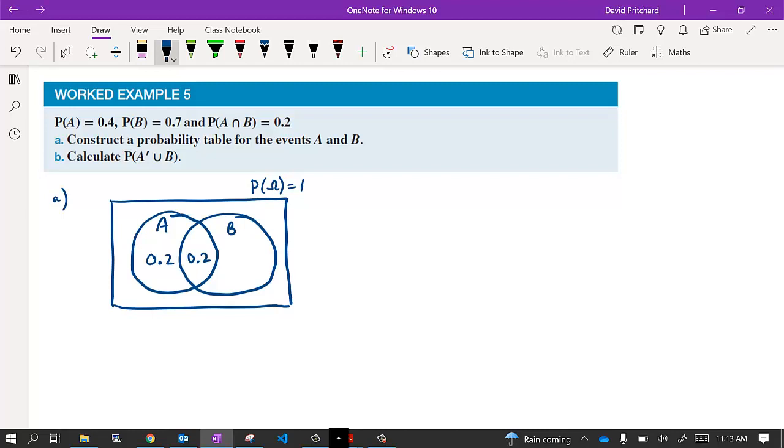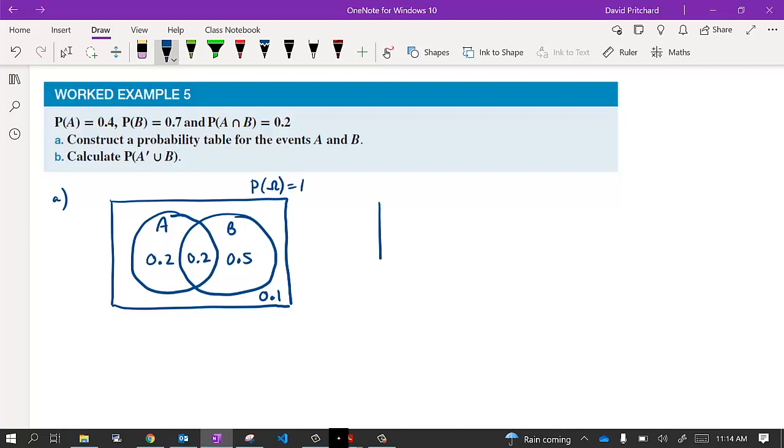So 0.2 plus 0.2 is our 0.4. And we know the probability of B must add up to 0.7, so that means what's missing is 0.5. Now if we add these three up, 0.5 plus 0.2 plus 0.2 is 0.9, and we've got 0.1 remaining. Okay, so that allows us to then look at our scenario.